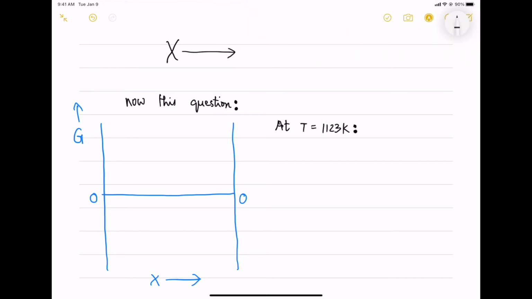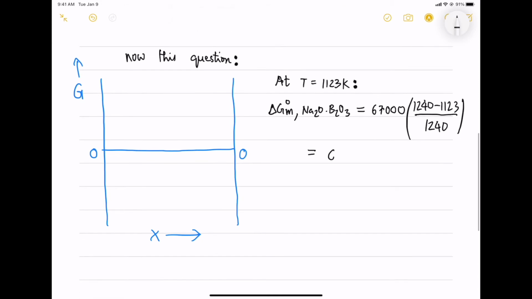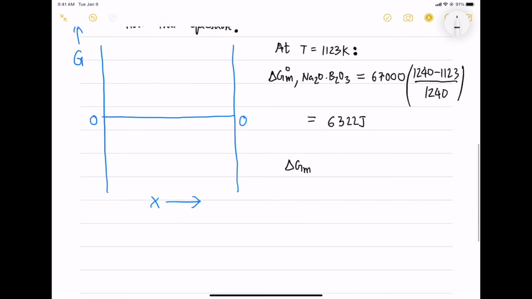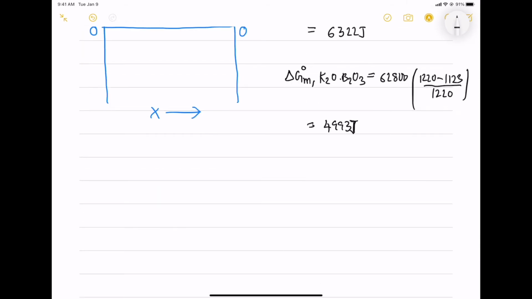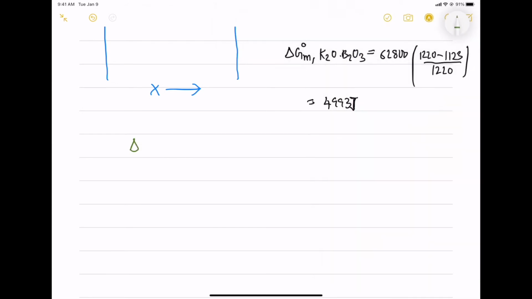Now we will find the delta G of melting of our oxides, sodium oxide and potassium oxide, and we find that it is positive 6000 joules for one and positive 999 joules for the other.